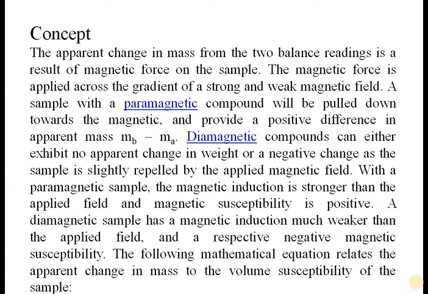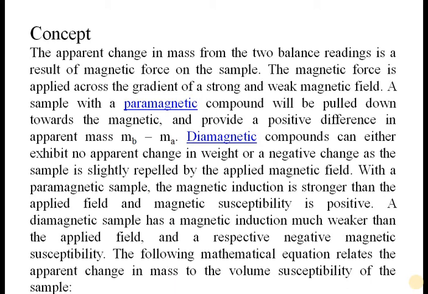Concept: the apparent change in the mass from the two balance readings is a result of magnetic force on the sample. The magnetic force is applied across the gradient of a strong and weak magnetic field. A sample with a paramagnetic compound will be pulled down towards the magnet and provide a positive difference in apparent mass, Mb minus Ma.